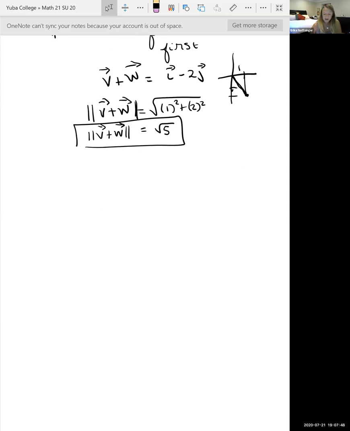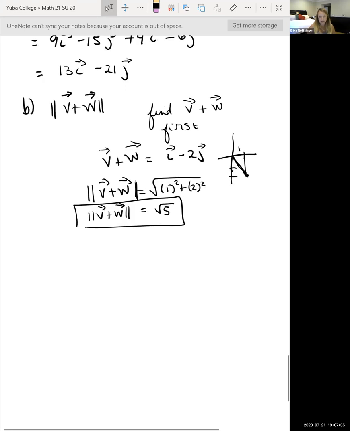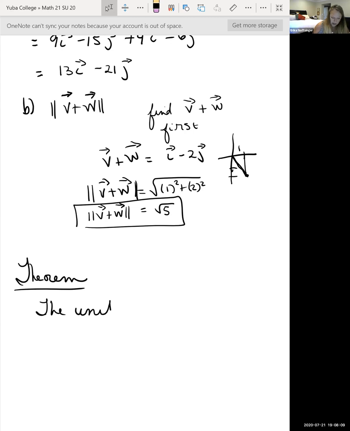Okay, so sometimes we want to find a unit vector. So we want to find a vector that has length 1, but is going in the same direction as a vector. So there's a theorem. And the unit vector, we call it the unit vector of the vector that we're trying to find, the same direction.